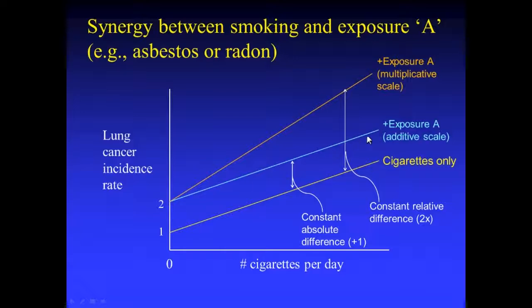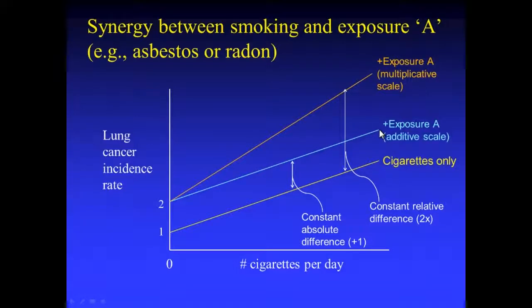So on an additive scale, this is not effect modification. However, if you were looking at this line on an additive scale, it is definitely effect modification because it is a departure from this line. On the other hand, if you're examining the situation from a multiplicative scale perspective, this line is not effect modification, but this line here would be.